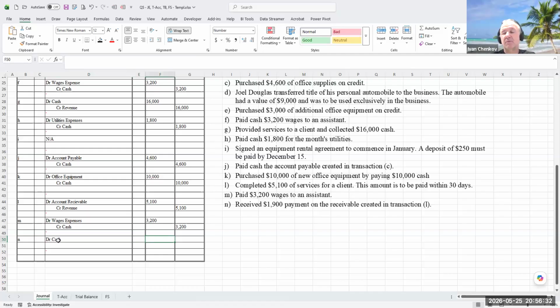How much does the business get? $1,900. Why do we get the cash? Because the client paid us. Did we provide a new service to the client? No. He's just paying for whatever he received before, but didn't pay. So which account am I going to credit now? Accounts receivable.